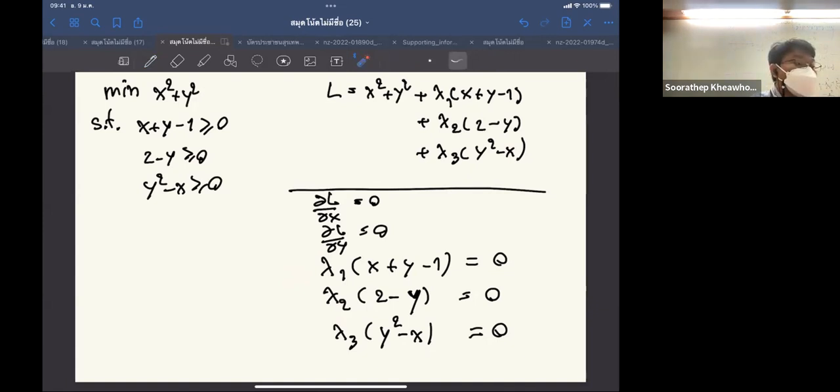And also you don't need the gradient of L in the lambda 2 direction because it's already covered by this. And this one too.